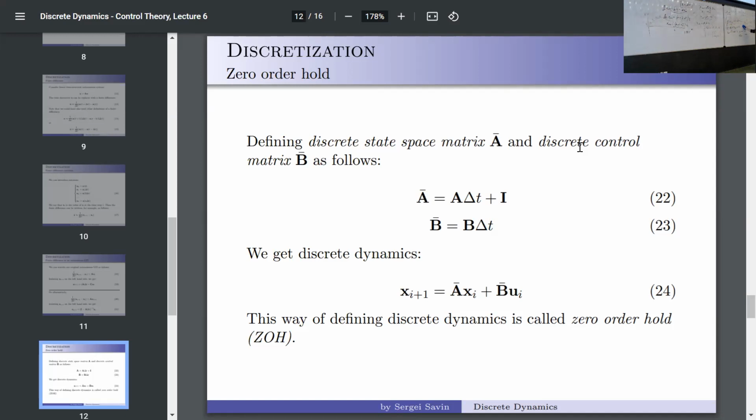Why? Can someone tell me why? Let's just add a B matrix here. What would be the next?